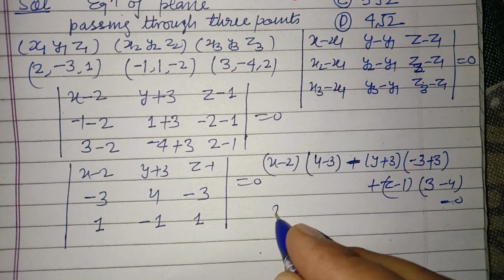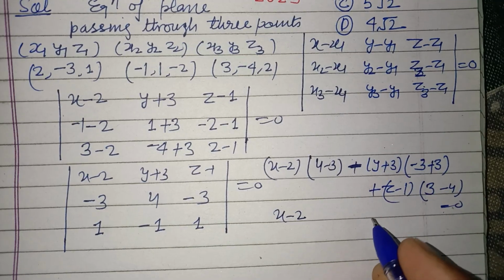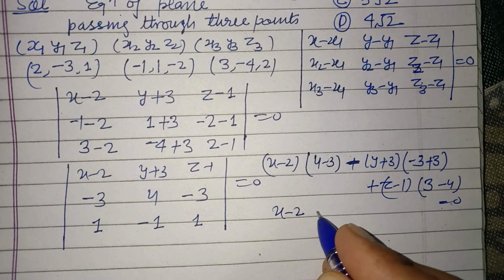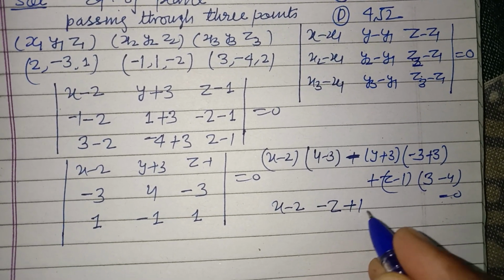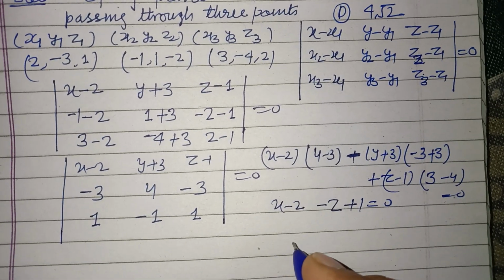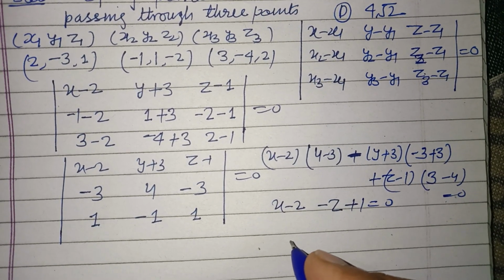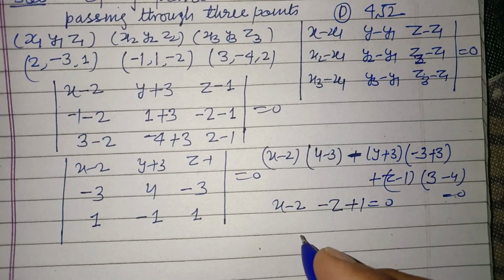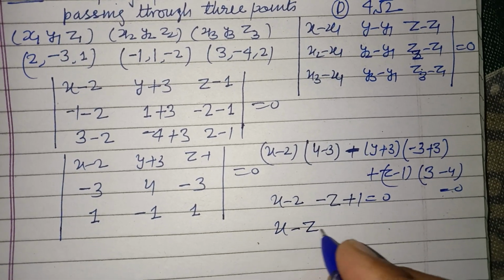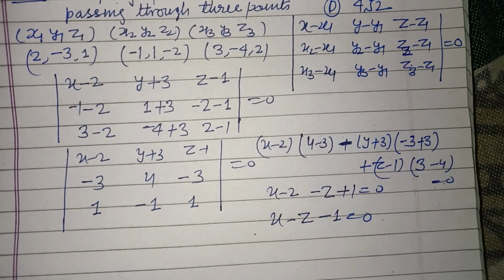So x minus 2, this becomes 0, and this is minus z plus 1 equal to 0. So the equation of the plane is x minus z minus 1 equal to 0.